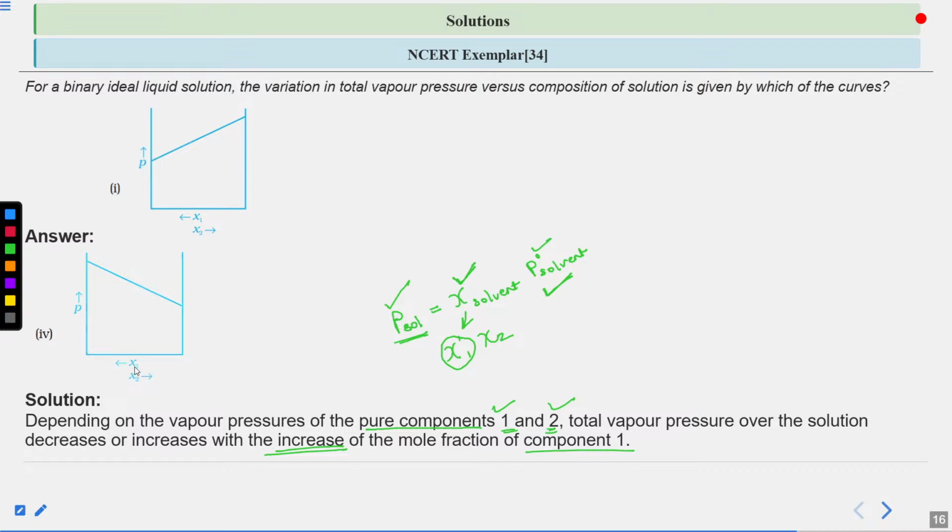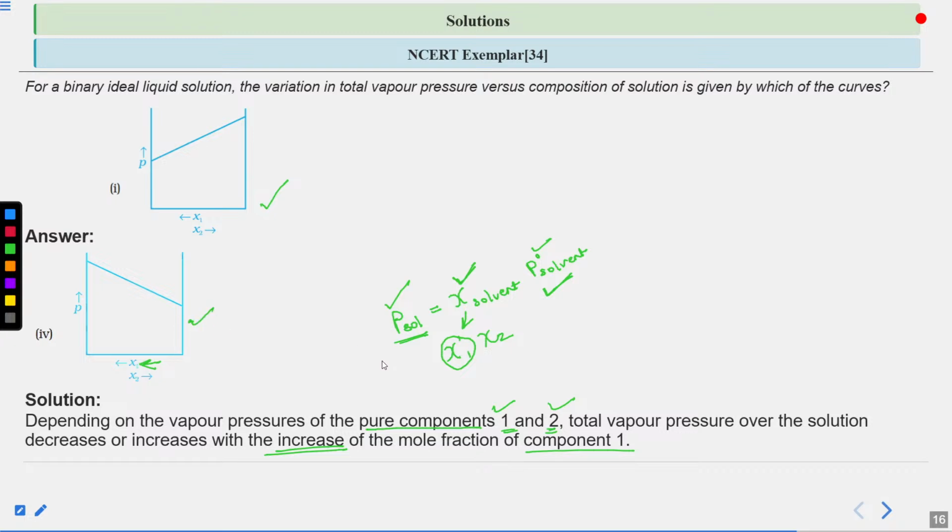If x1 is going from here to here, and the mole fraction of component 1 is increasing, then if the pure solvent vapor pressure is increasing, this one will be the graph. And if the vapor pressure of pure solvent for the component is decreasing, then this one will be the graph.